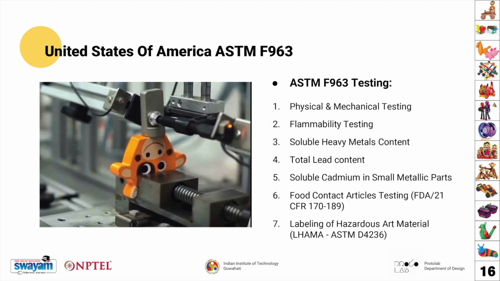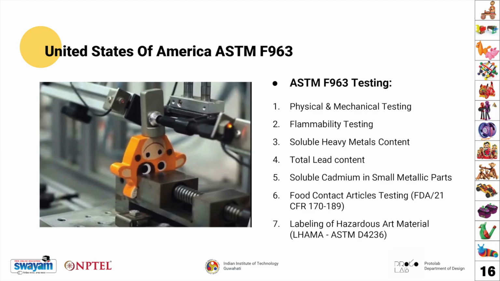It checks for sharp edges, small detachable parts, choking hazards, and mechanical durability to prevent injuries to children. Second, flammability testing. Flammability tests determine how quickly toy materials ignite and burn.